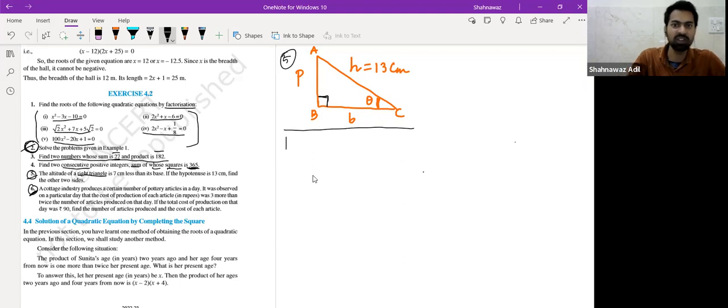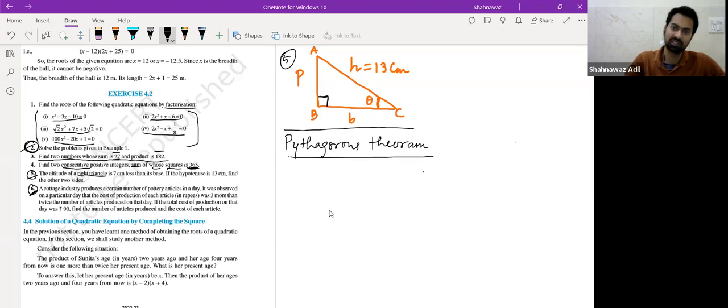And what theorem is associated with this right angle triangle? If I tell the name, then you guys will say that yes, we know that. Yes, Pythagoras theorem, right?